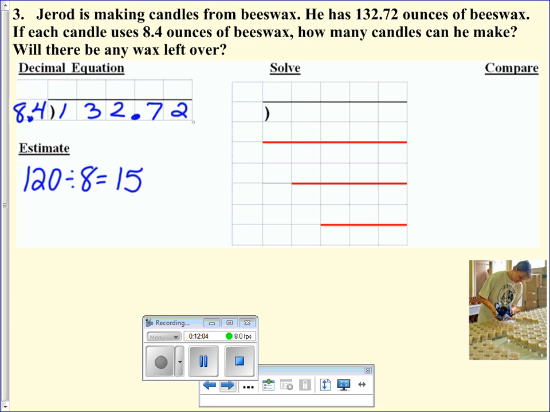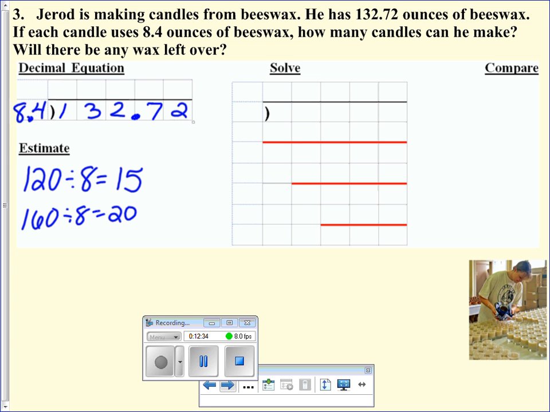Now, if you wanted to estimate it to 160 divided by 8, to me that seems a little more compatible. You get 20. As long as you know your answer is in the tens and not the hundreds, at least I got my decimal in the right spot, okay? So this one I think was a little challenging to estimate, but I would really accept either one of those.